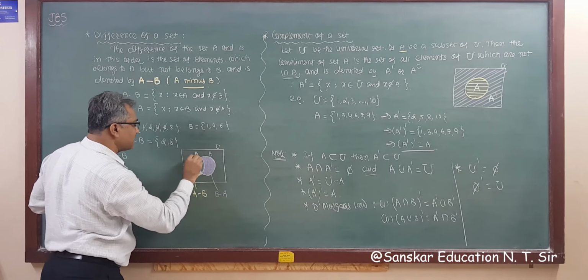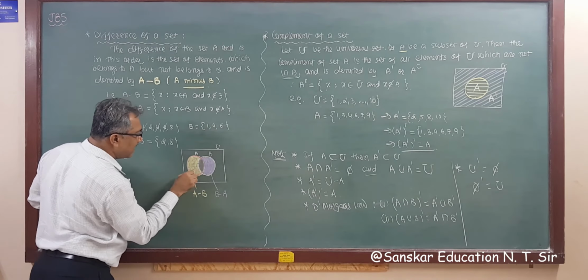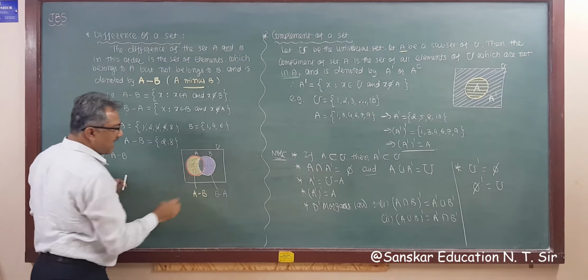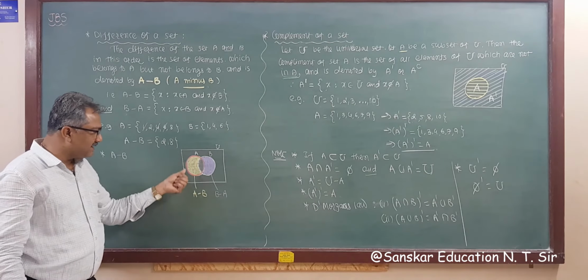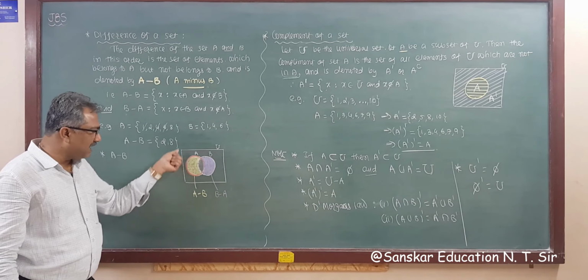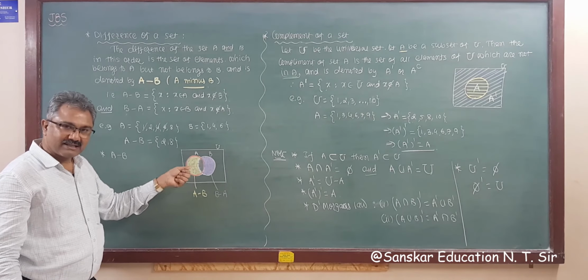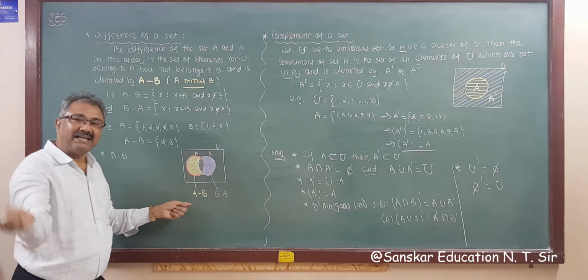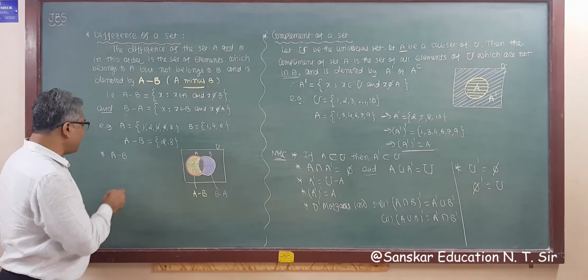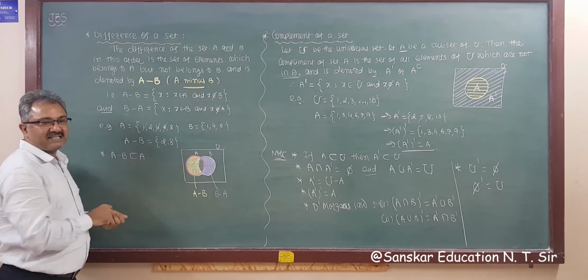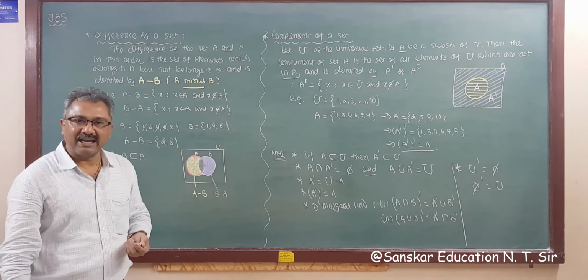All elements of A minus B are enclosed in A. Yellow portion is covered by A. Yes. So all elements of A minus B are in A, that is, A minus B is a subset of A.